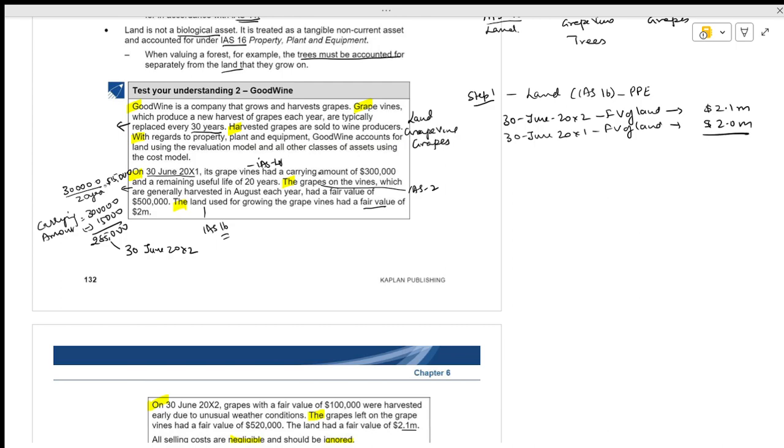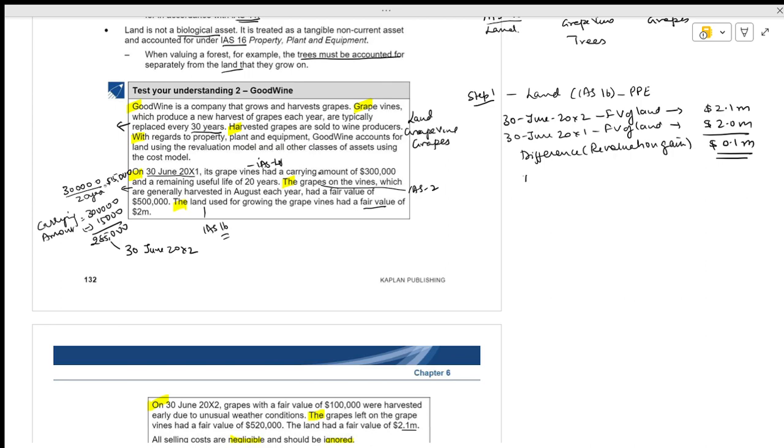The difference is a revaluation gain of 0.1 million. How do we have to treat it? What is the debit entry?